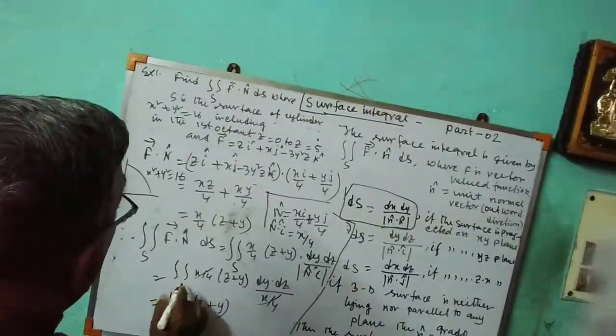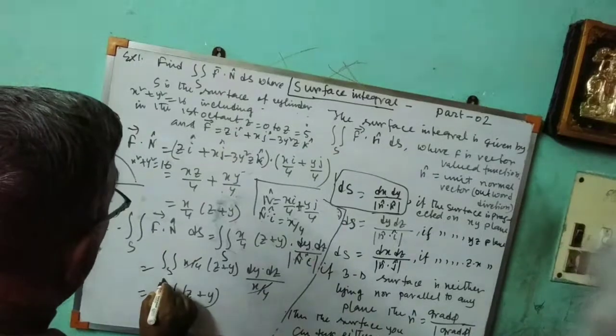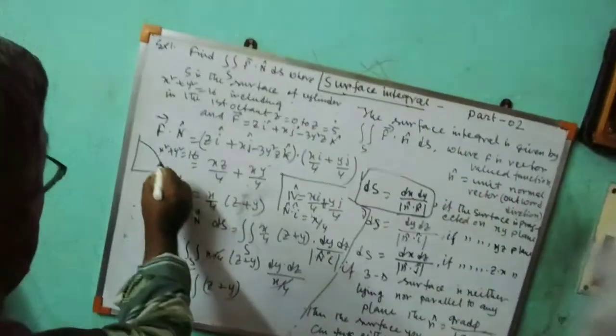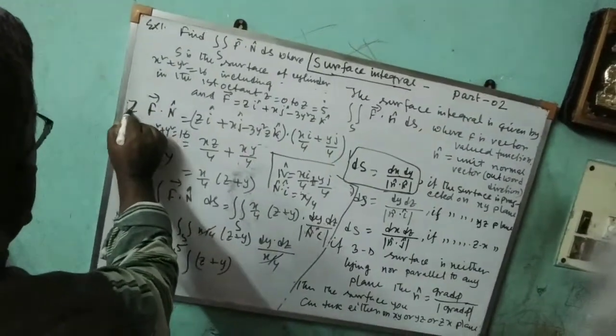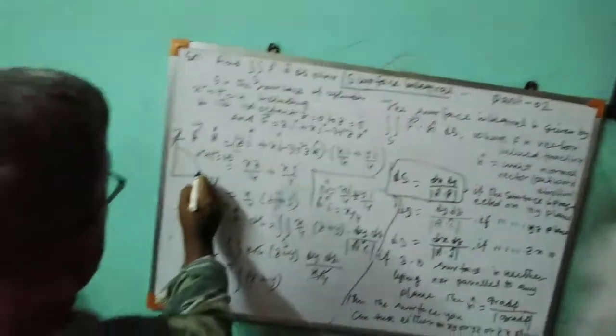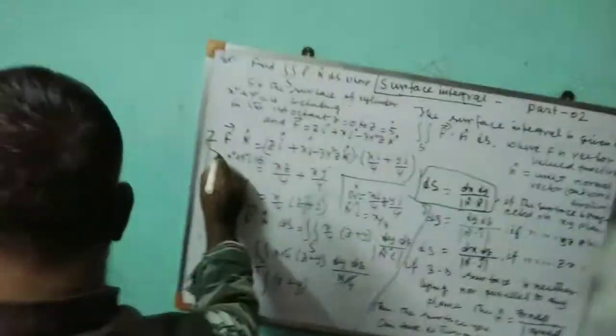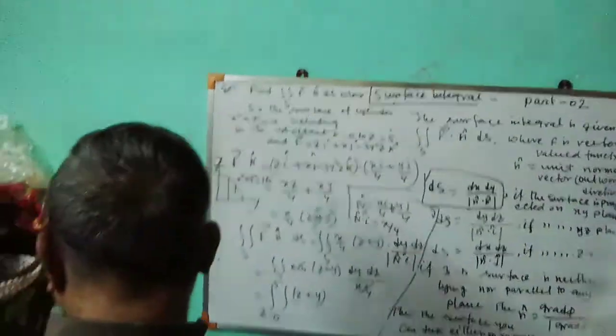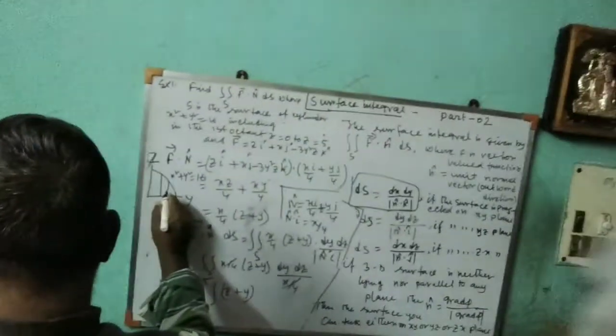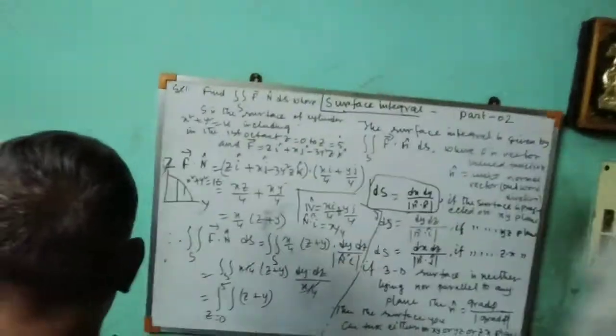So here z equal to 0 to 5 I have taken. And what is the y value? This is the yz plane. If you take the strip here, y equal to 0 to what?